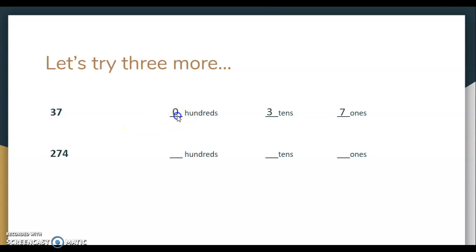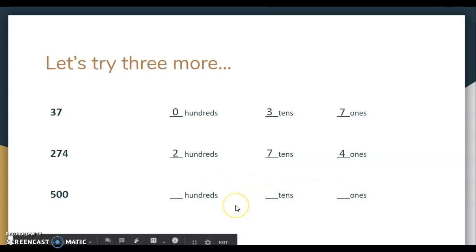Okay, let's check your answers. There are 2 hundreds, 7 tens, and 4 ones in the number 274. If you got that right, great job. Last one, the number is 500. How many of each place value is in the number 500?